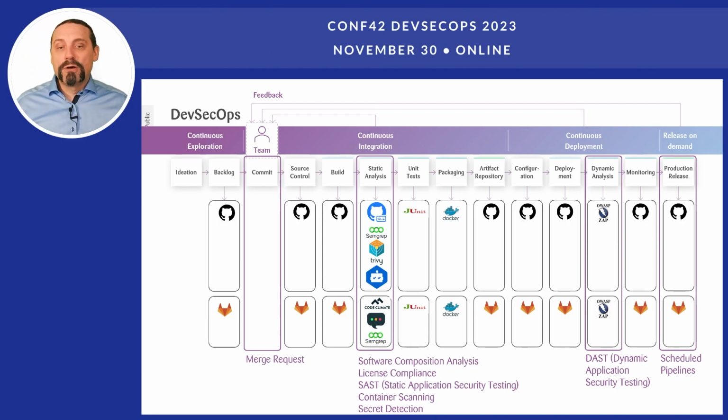Then when we have deployed, then of course we apply dynamic application security testing, where we try to break our application security-wise. And of course, when we are in production, we need to apply scheduled pipeline, where we execute the pipeline again and again, because in the meantime, with that version which is in production, there could be already some vulnerabilities.